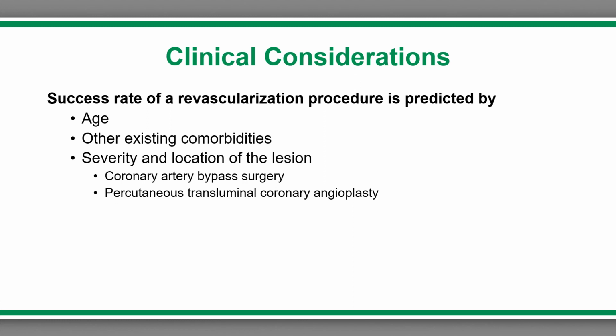The more comorbidities a person has is going to influence the outcome success rate, and also the location of where that revascularization procedure occurred. And I'm going to encourage you to look at table 15.1 to get an idea about what the predictors are.